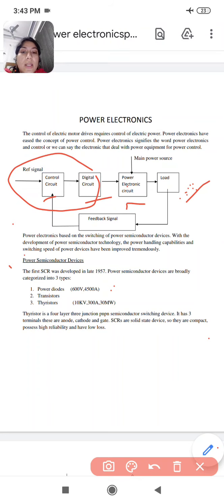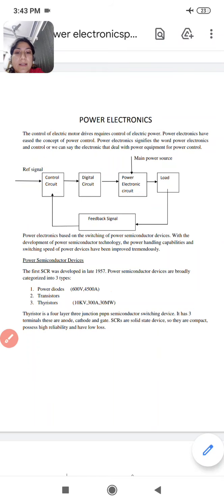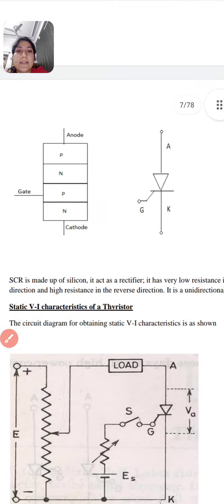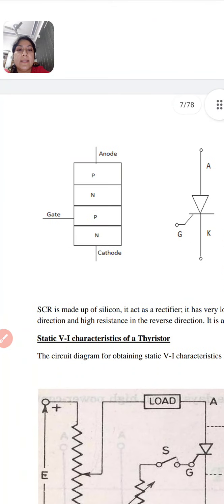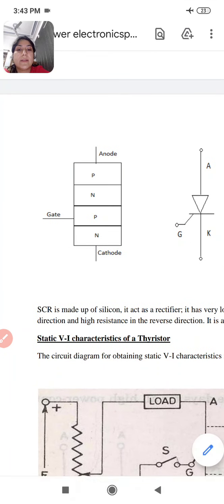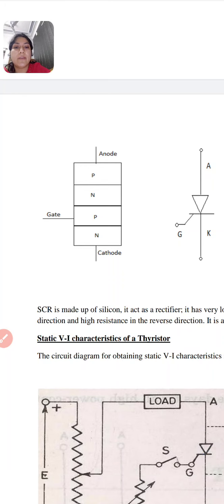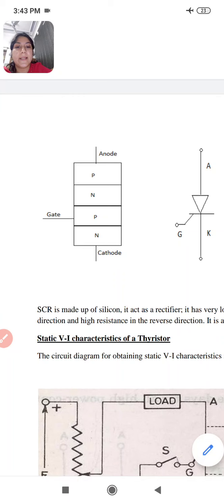Now let's talk about this thyristor, the SCR. A thyristor is a 4-layer, 3-junction PN semiconductor switching device. We are all familiar with this basic symbol, and this is the layering of a power SCR. We have 4 layers: P type semiconductor, N type, then P type and N type.